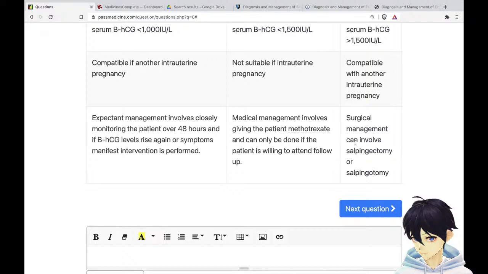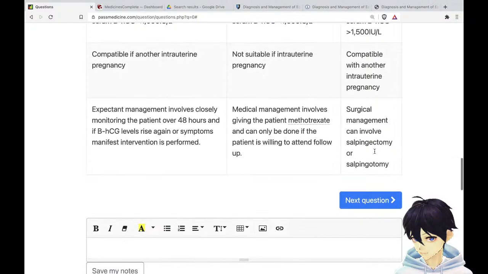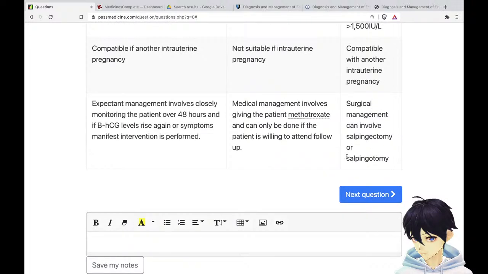Surgical management can involve salpingectomy or salpingotomy. So salpingotomy is just cutting. Salpingectomy is cutting and removing. In the cases where your patient has another viable fallopian tube, salpingectomy is preferred.